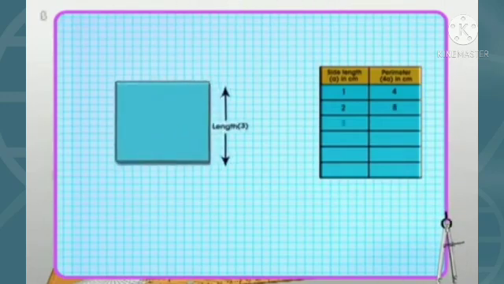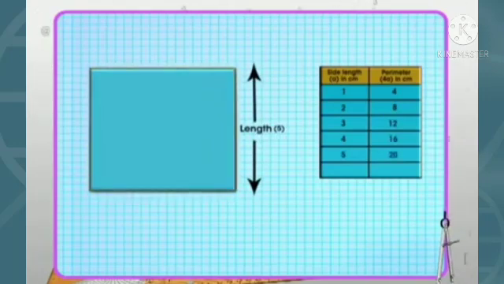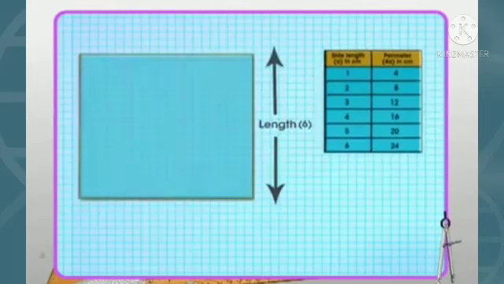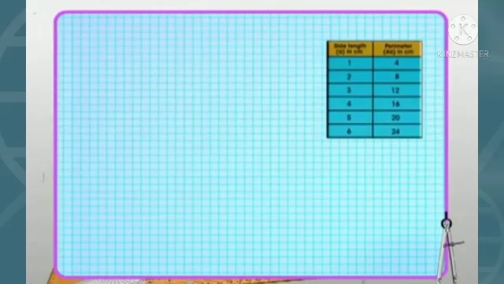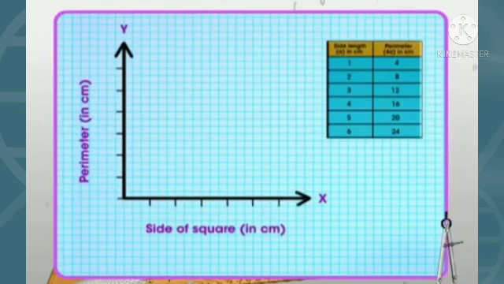If L is equal to 3 centimeters, then perimeter will be 12 centimeters and so on. Now, plotting these points one by one and joining them gives a linear graph.